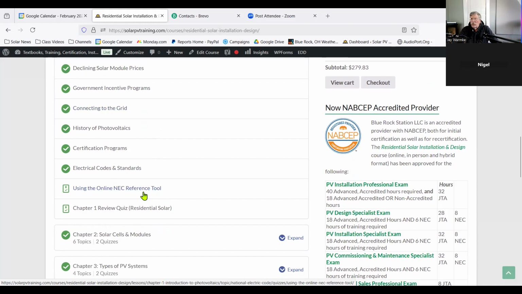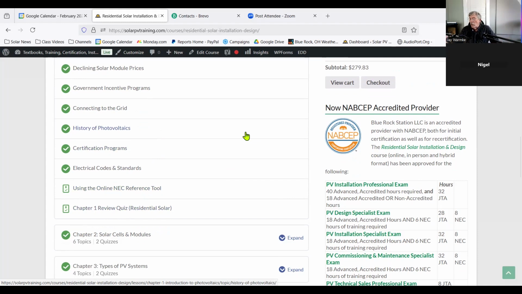The reference tool for the NEC is really designed just to let you get used to looking things up in the NEC. Sometimes they change that. So if there is an issue of trying to get logged in, it can be problematic. I think they still have the ability for you to set up a temporary account. So that's helpful. And then, of course, you can go through the chapter 1 review quiz.